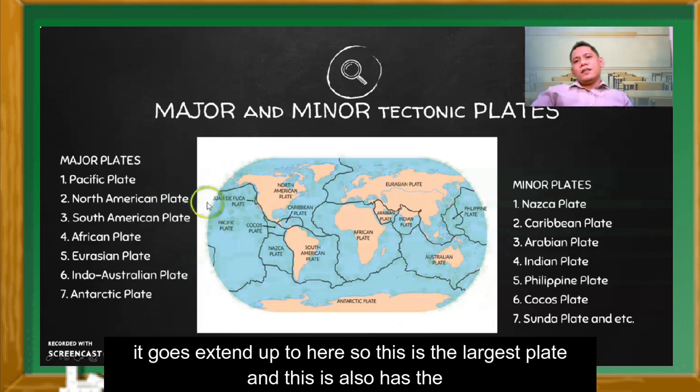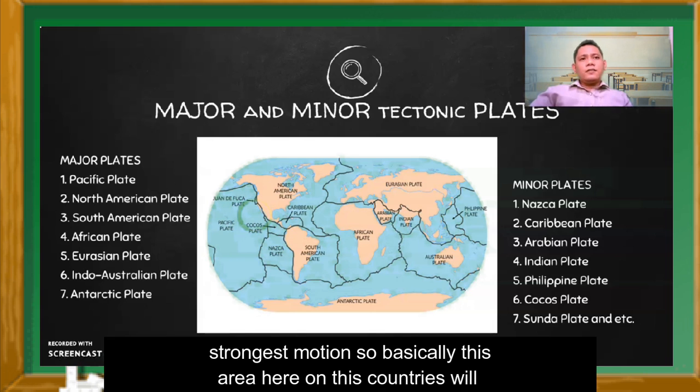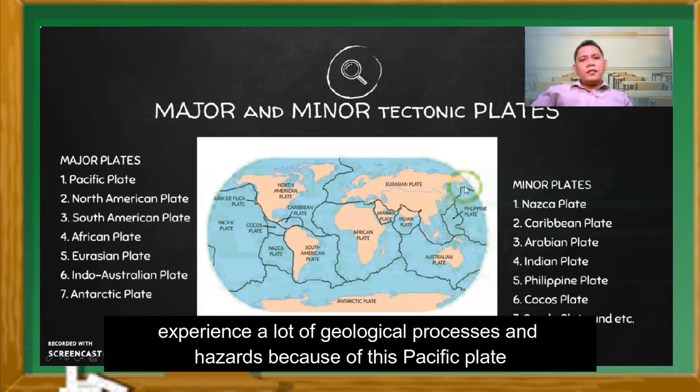So this is the largest plate of the entire plates, and it also has the strongest motion. Basically, the side of these countries will experience a lot of geological processes and hazards because of this Pacific plate.